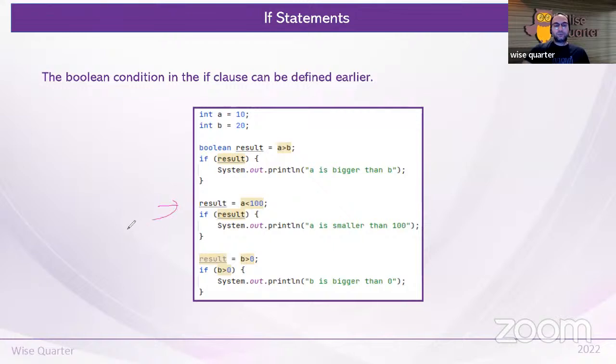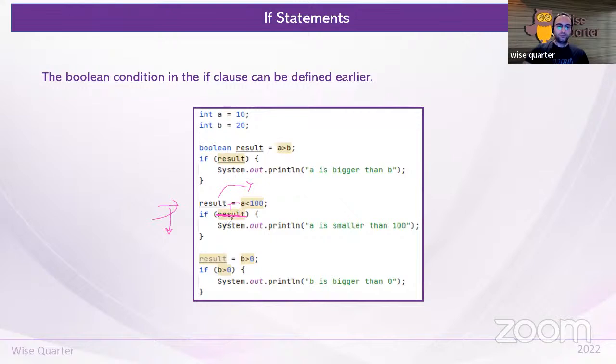We are changing the value of the result here. Until now, whenever I saw result, I was remembering false, but here we are assigning something else. It says A is smaller than 100, which is true. After this line, the result will be true. Here we have the result. It is true now.